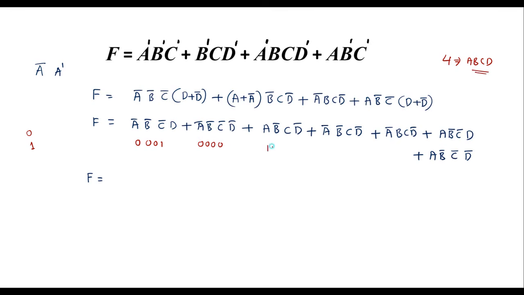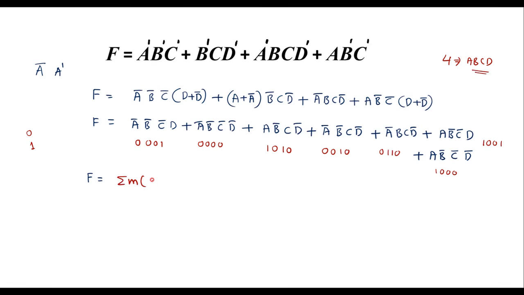This is nothing but 1, 0, 1, 0. This is nothing but 0, 0, 1, 0. This is 0, 1, 1, 0, and this is 1, 0, 0, 1, and here it is 1, 0, 0, 0.